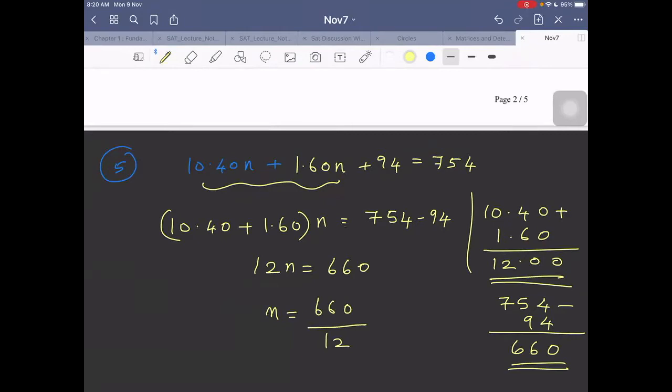And do you observe that you can quickly cancel off 6 on both numerator and denominator to begin with? 660 is basically 6 into 110. Again, you're left with 110 divided by 2, which is quickly 55. So the answer is 55.